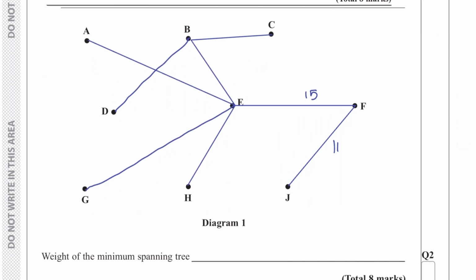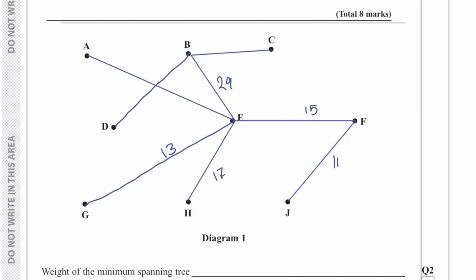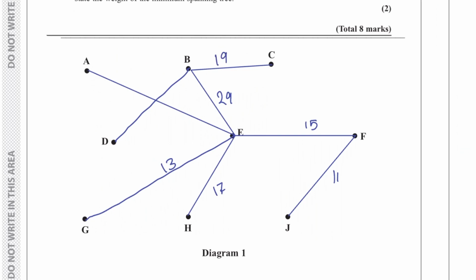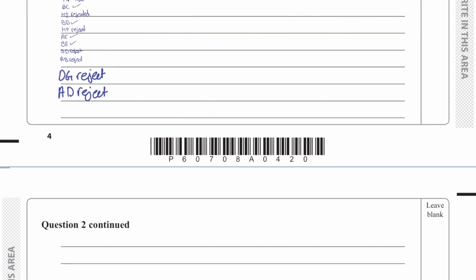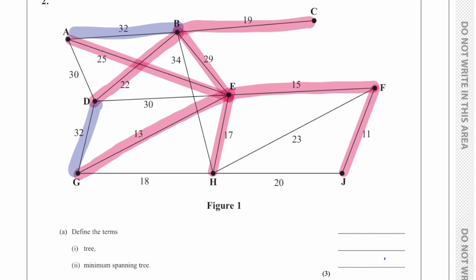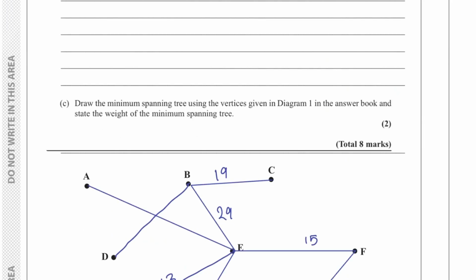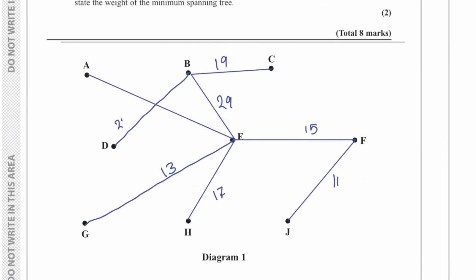EG I think was 13. This one was 17. This one was 29. This one was 19. DB, how much was DB? I don't remember. 22 and 25. So this is 22 and this is 25.